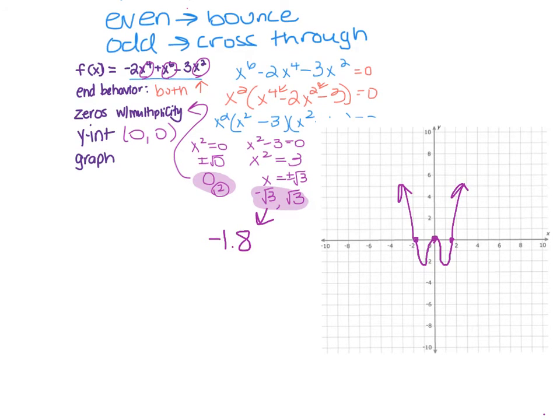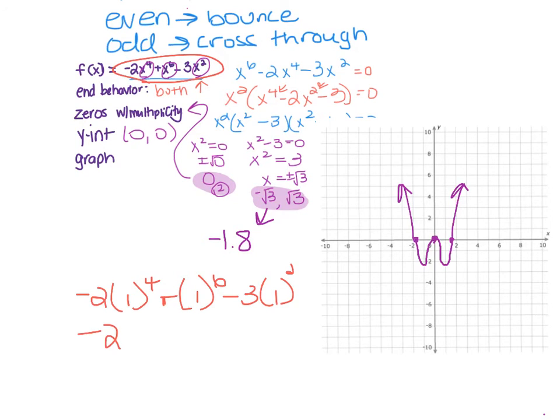Because all these exponents are even, if I plug in a negative x to test for y-axis symmetry, it would be symmetric to the y-axis, which means I just need to plug in one point, either positive 1 or negative 1, to see how far down to go on those loops. Let's say I plug in positive 1: negative 2 times 1 to the 4th, plus 1 to the 6th, minus 3 times 1 squared.